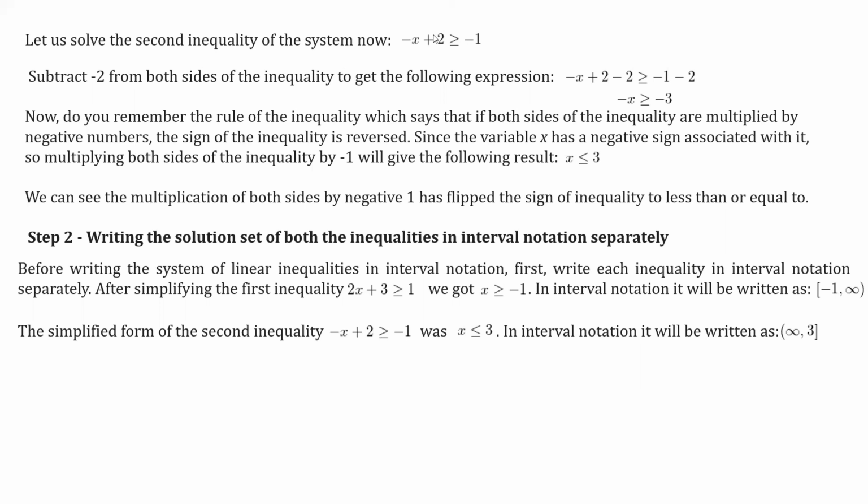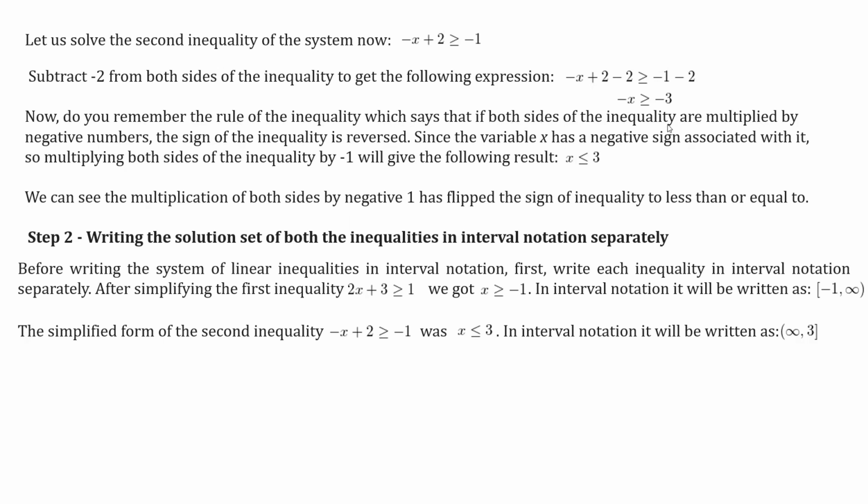So let us solve the second inequality of the system. For this, we must subtract a negative term from both sides of this inequality, giving this expression. So we remember the rule of inequality, which says that when both sides of an inequality are multiplied by a negative number, the sign of inequality is reversed.